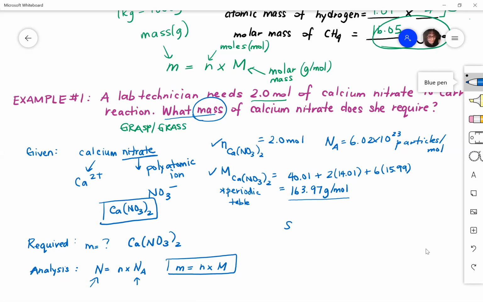So let's solve. So in terms of our solution, we're just going to look for the mass of the Ca(NO3)2 by plugging in the number of moles and multiplying by the molar mass. So we're just going to do a straightforward multiplication and solve accordingly.